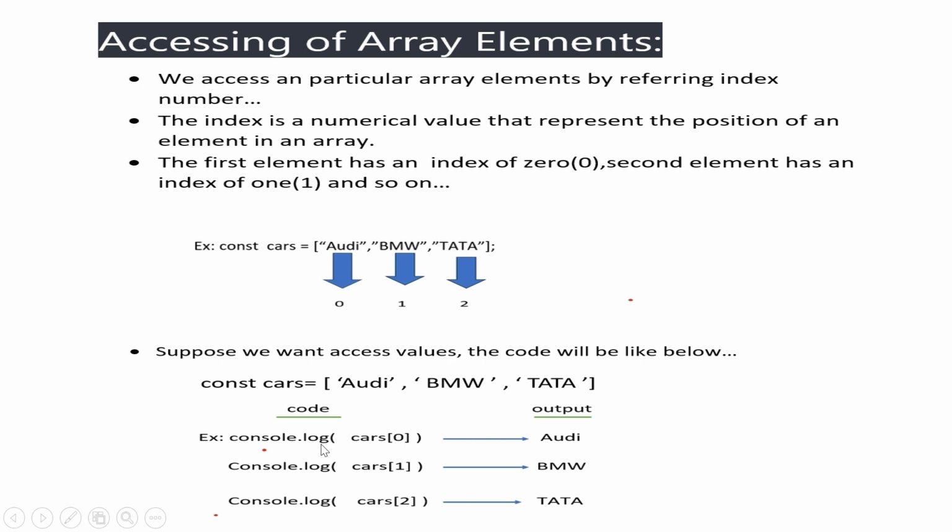Console log of cars, where cars is the variable name, of 0 gives the first value, cars of 1 gives the BMW, and cars of index 2 gives the value Tata. So let's see it practically in VS Code.